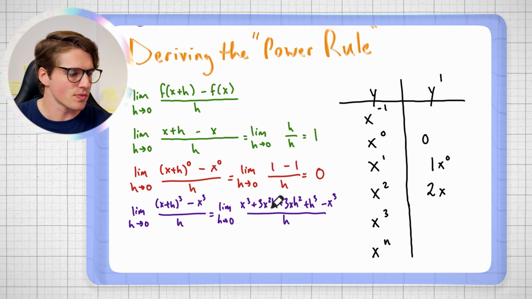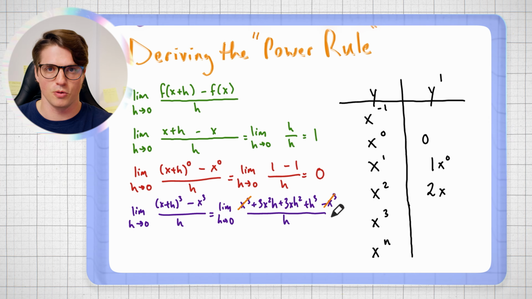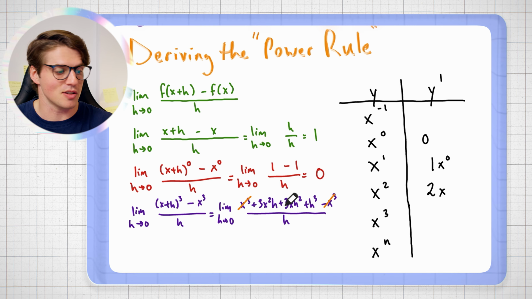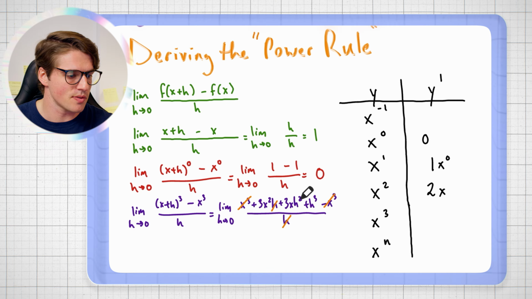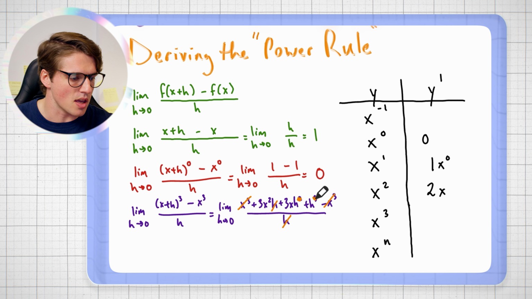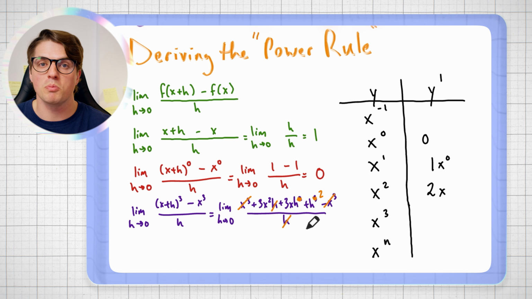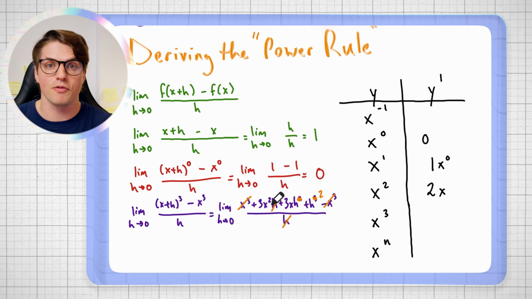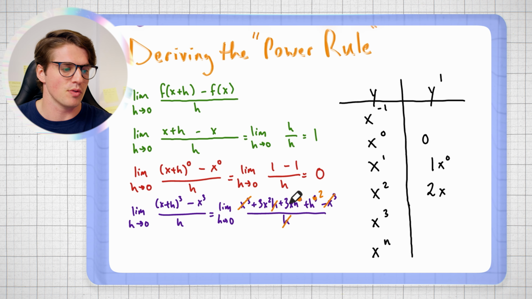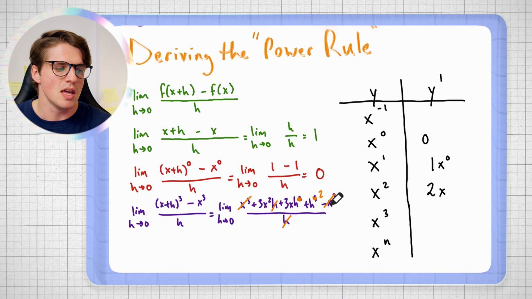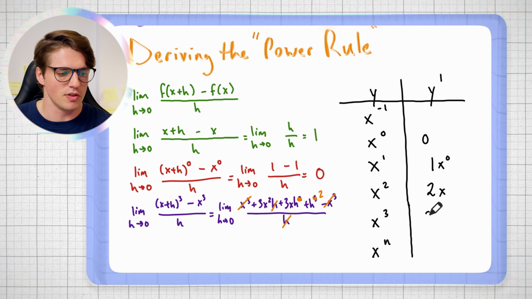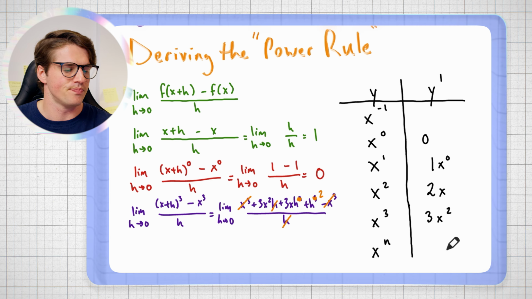And we can cancel. X cubed will cancel with x cubed. 3x squared h, well, all of these terms have h in them, so we can go ahead and cancel that h. And that would be h squared. And then when we plug in 0 for h, the only term left will be that 3x squared. 3xh would become 0, and h squared would, of course, be 0. So x cubed, the derivative of that is 3x squared.